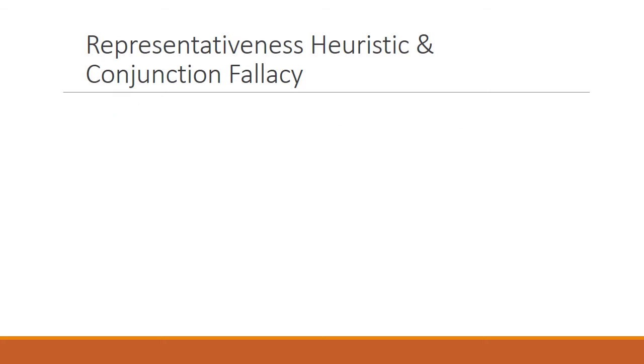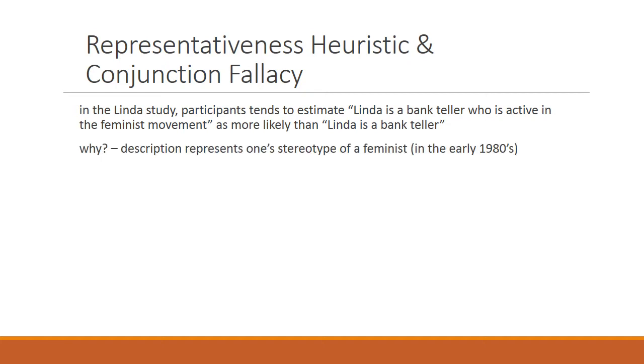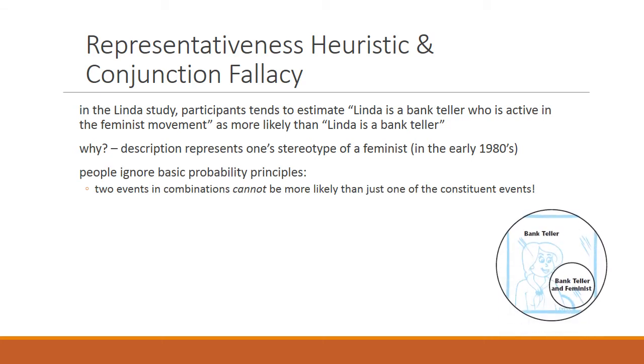So what the researchers found was that participants tend to give higher estimates to Linda is a bank teller who's active in the feminist movement than they did for just Linda is a bank teller. Why might they have done this? Well, the description represents one person's stereotype of a feminist, perhaps, in the early 80s. And while they're relating these characteristics to someone who's a feminist, people are judging these basic probability principles.